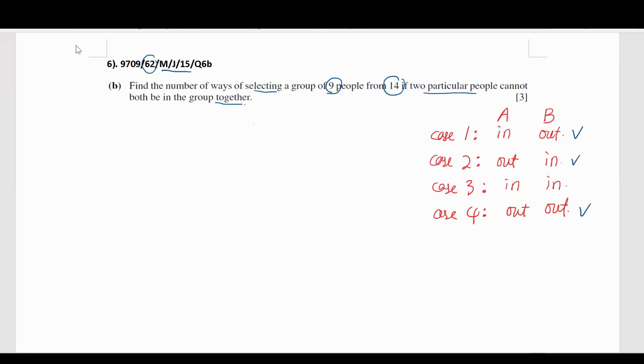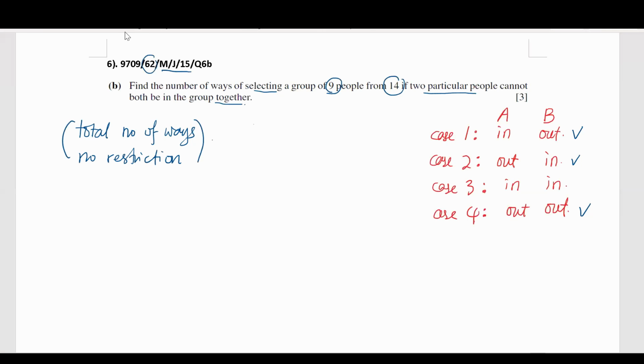So in order to consider all these cases, 1, 2, and 4 here, we actually have a better way to attempt these questions. What we will do is, we find the total number of ways with no restrictions. All right.